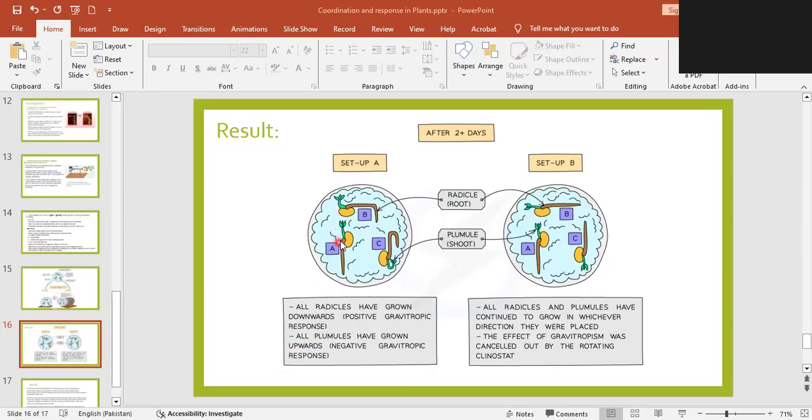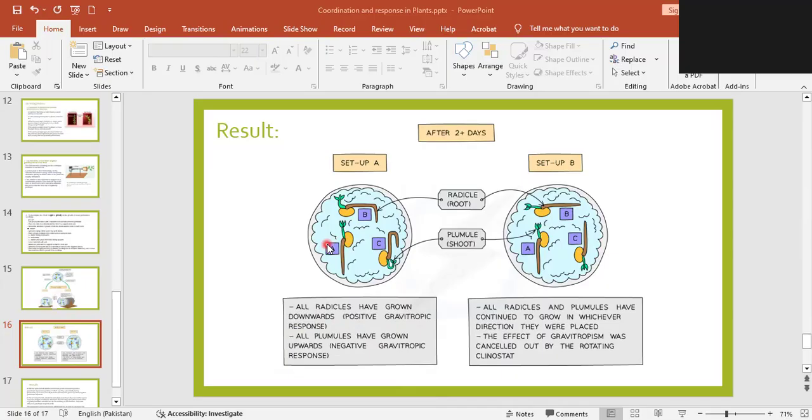And all plumules, you can see here, the stem in A, there's no light present. So that's why there's not a particular direction of the shoot or plumule towards the source of light. In the darkness, the shoot will always grow in a straight up position.